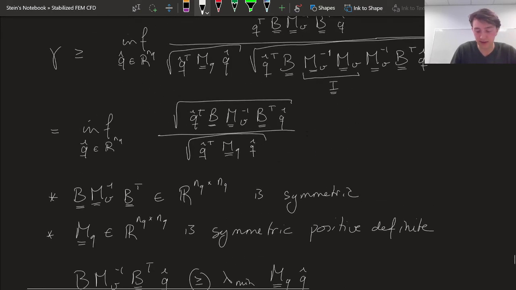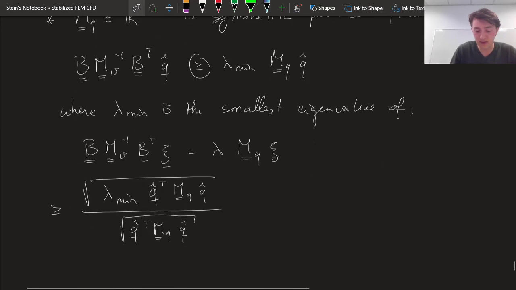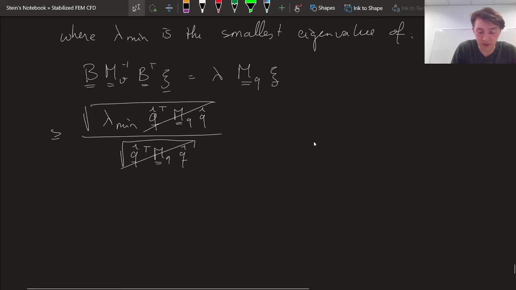Square root, right? That's what we had. So naturally these two cancel, and that's going to be equal to the square root of my lambda min.